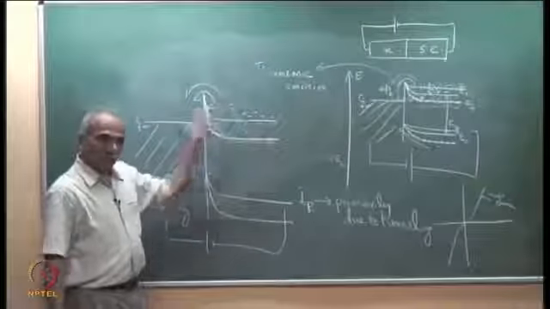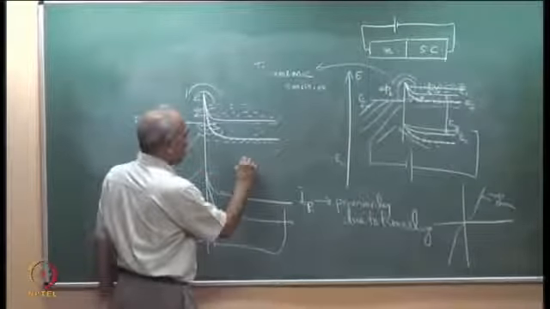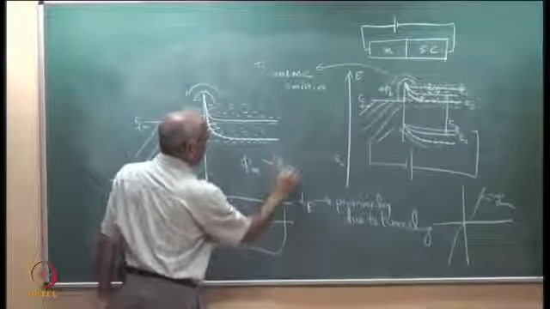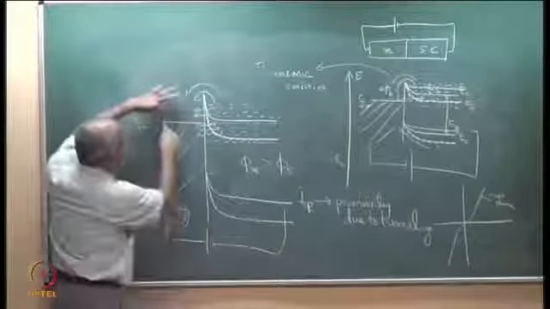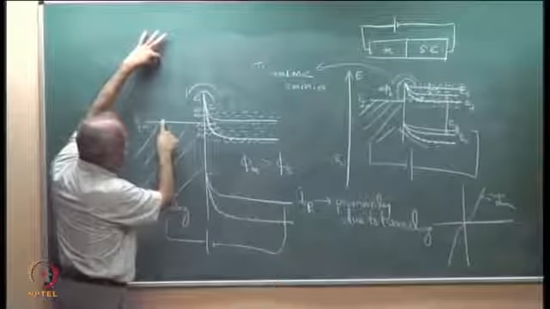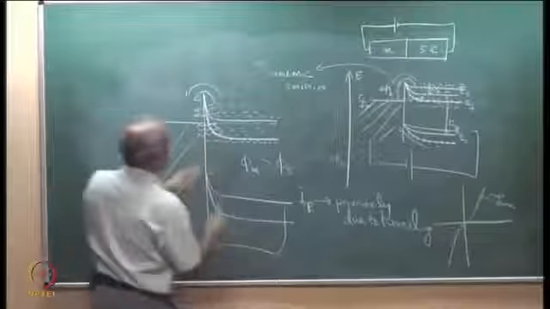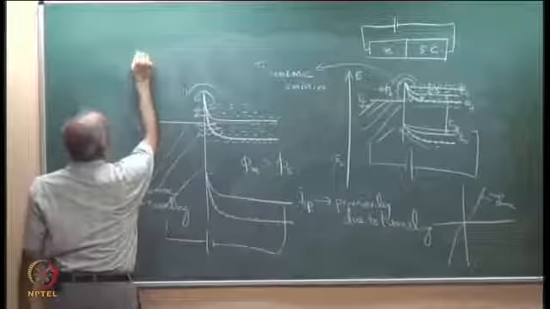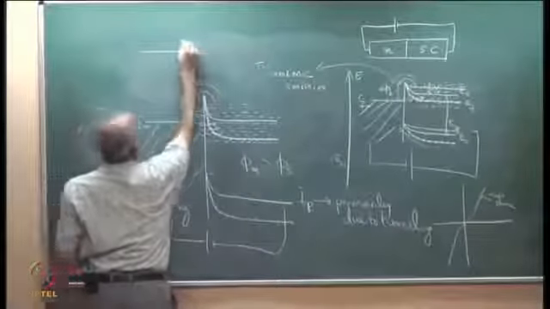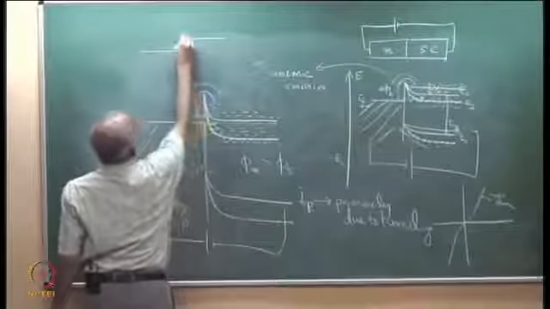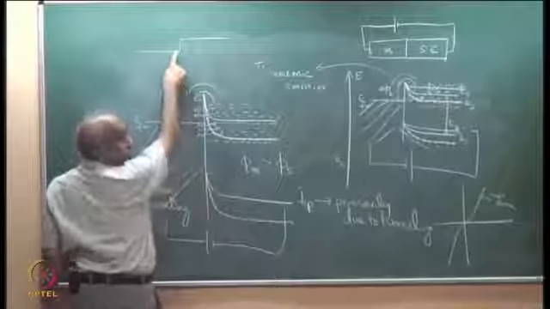I have discussed the case where phi m was greater than phi s. That is, this difference here was larger compared to the difference to phi s, which is up to the Fermi level, because you remember I started with the metal sitting here and EC sitting here, and there was a positive barrier.